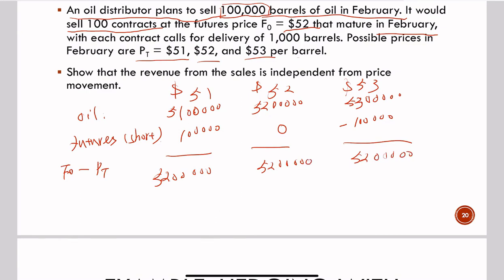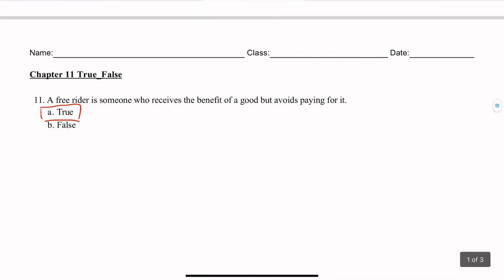Let's see what is exactly happening here. On this delivery day, you will sell your oil at the market price, even if you have a futures price of 52, right?